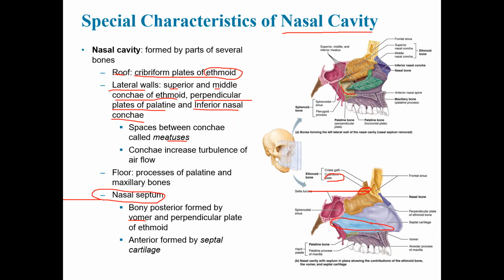The nasal septum can be divided into posterior and anterior. The anterior is formed by septal cartilage. Okay, septal cartilage is just cartilage, as you know, touch your nose and you'll touch it.